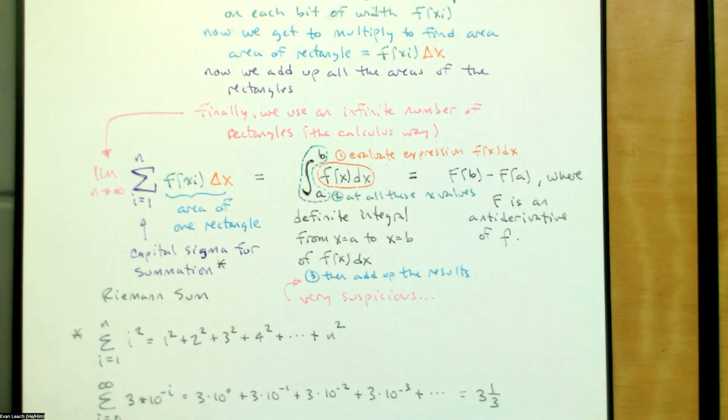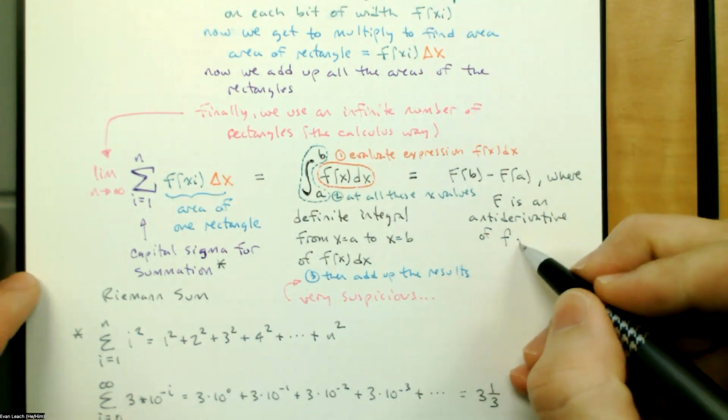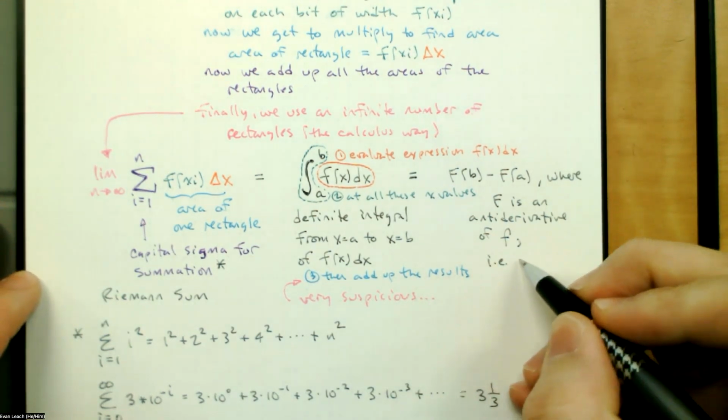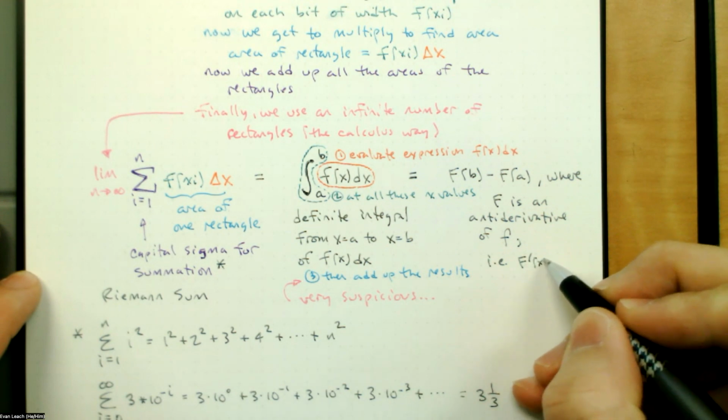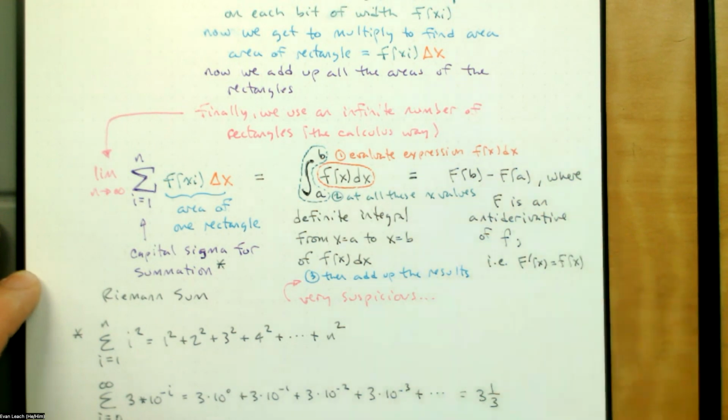This is where stuff gets crazy. That's really cool. Derivative is the thing that we've been working on. Antiderivative is, unsurprisingly, just that process backwards. So what I mean is, capital F prime at x is f of x.